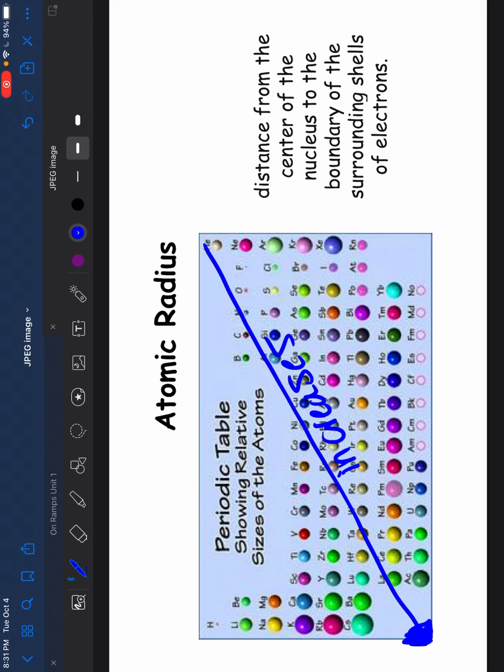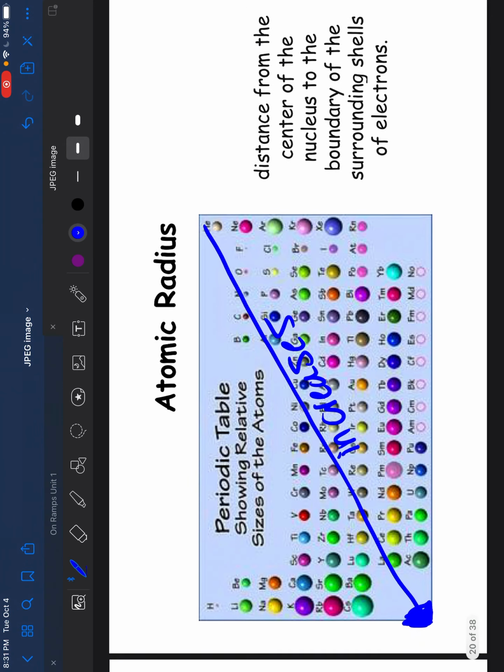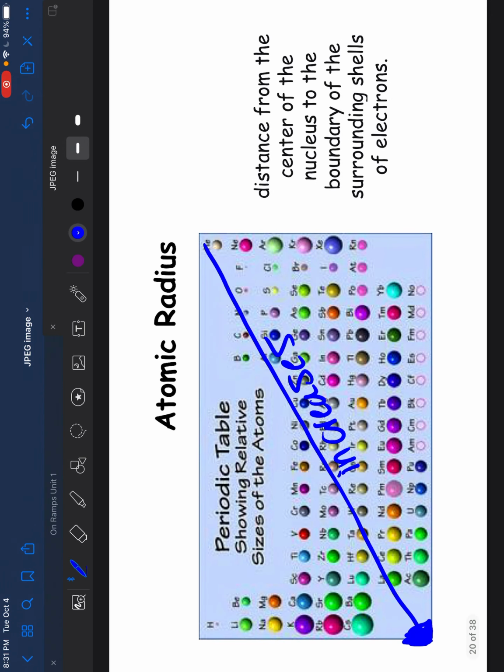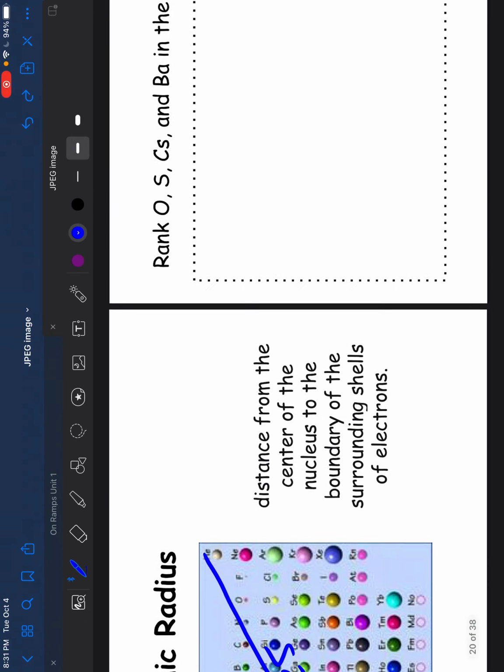So the atomic radius is how far from the center of the nucleus to the electrons. How far is it to the center of the nucleus, all the way to the electrons. So the highest ones would be on the bottom of the periodic table and all the way to the left. As you can see over here, fluorine is quite tiny, and so on.